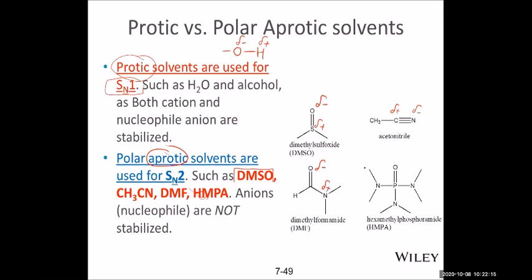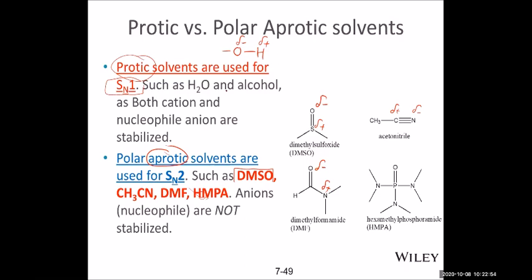In these polar solvents the hydrogen cannot dissociate as a proton, so they are aprotic solvents. HMPA, hexamethylphosphoramide, is another very polar solvent. These polar solvents are great for substitution reactions, but they are really preferred in the SN2 reaction, which involves strong nucleophiles.